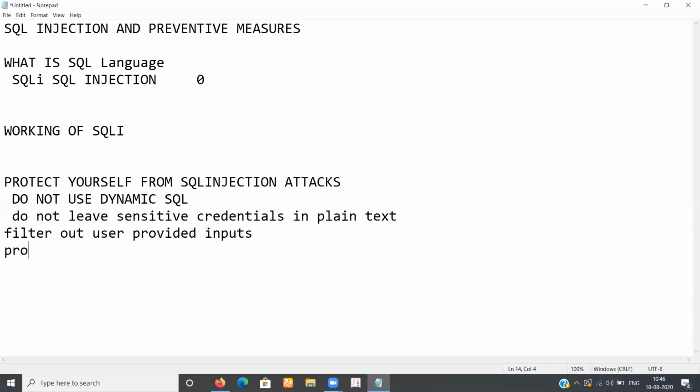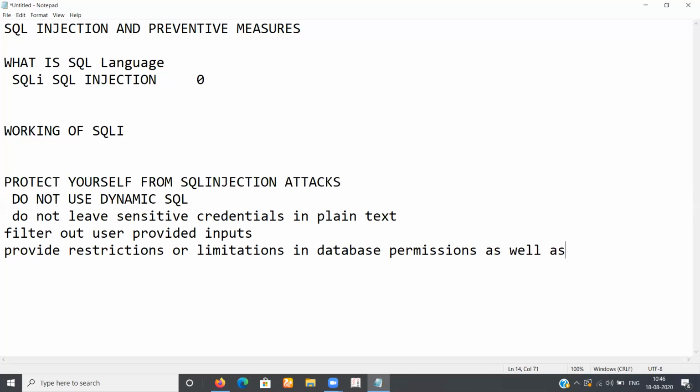Next is provide restriction or limitation in database permissions as well as privileges.